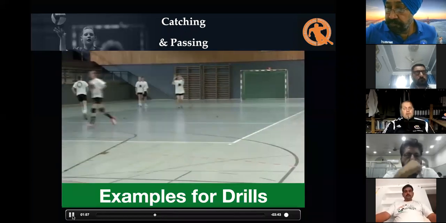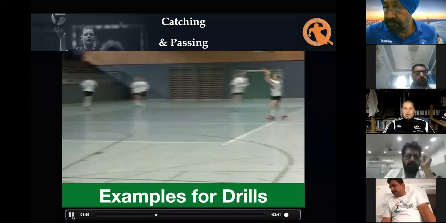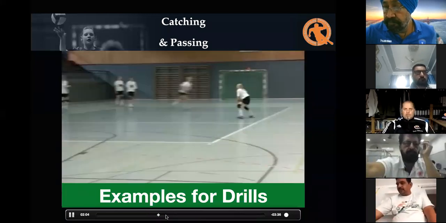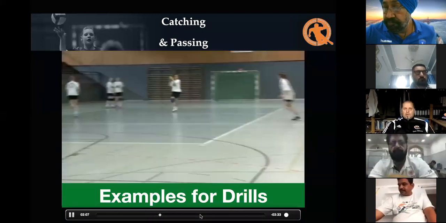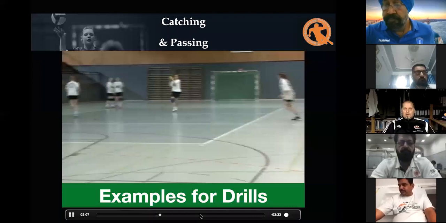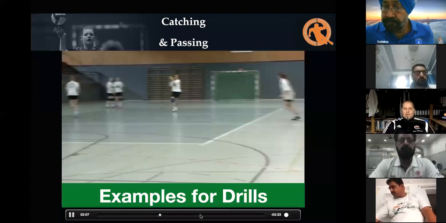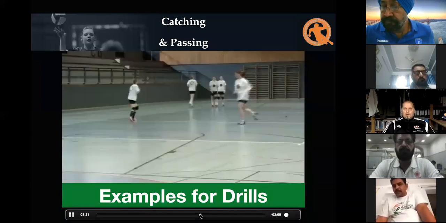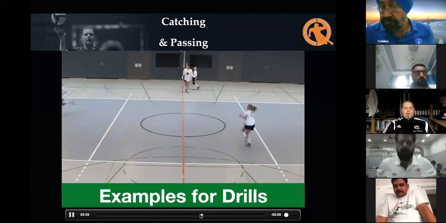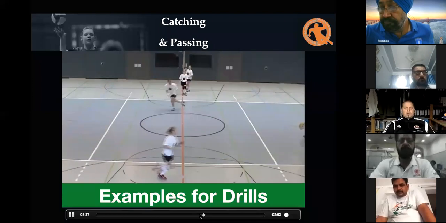Now pass and follow the ball to the next position. Very easy to see. Pass to the left, run to the left. And next variation, pass to the left, run to the right. One side you pass, other side you run.